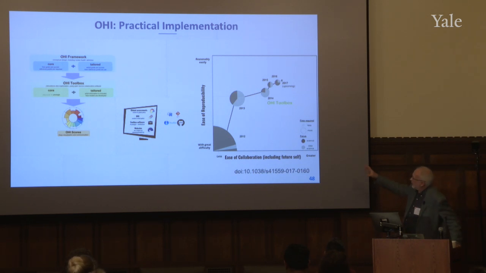And then the ease of reproducibility is on the left axis. And the point being that they started out in 2012 with a great deal of science, a huge amount of effort that went into creating that framework and developing that initial toolbox. And then in 2013, year two, it took a lot less effort to actually reproduce the calculation of these ocean health indices.